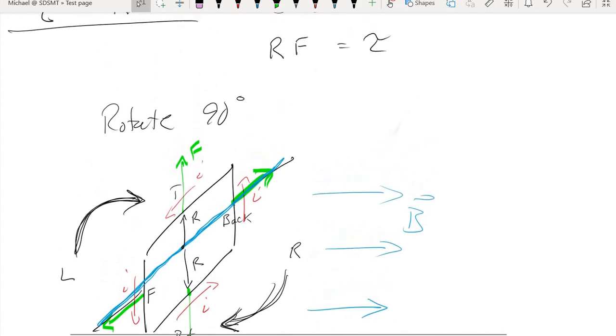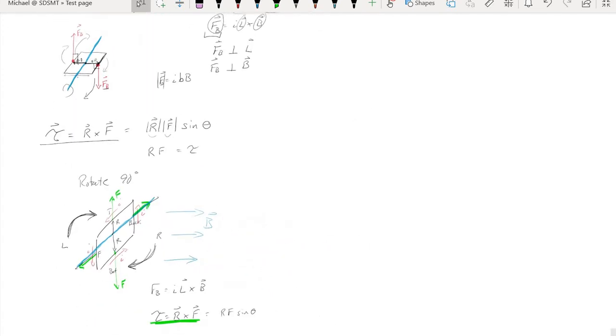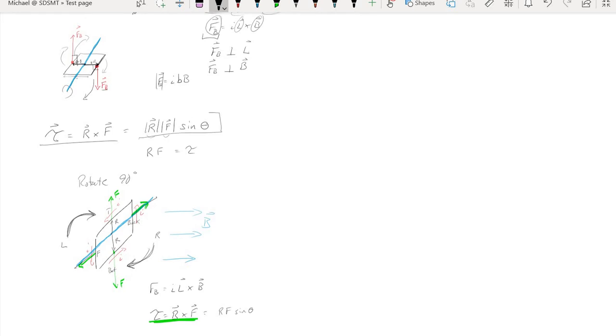The reason I bring this to our attention is that as we rotate the coil, the angle relationship between our radial vector and our force vector is constantly changing. We started here and there was a 90-degree angle between our radial vector and our force vector. But by the time we rotated the entire coil by 90 degrees, well, now the angle relationship between our radial vector and our force vector is 0 degrees.